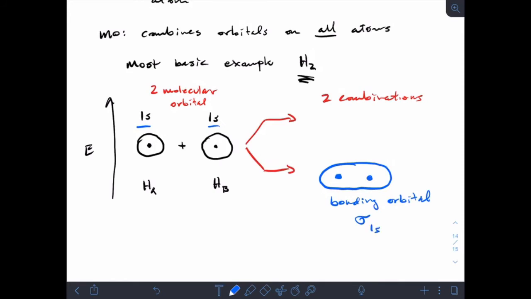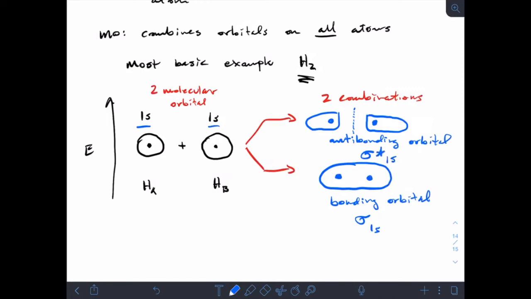Our bonding orbitals are sigma bonds. The other possibility is that they push each other away. So we'll have a node, and we'll have our things on the other sides, and they'll shove each other away instead of combining. We refer to this one as an anti-bonding orbital, and we'll give this a sigma star 1s.